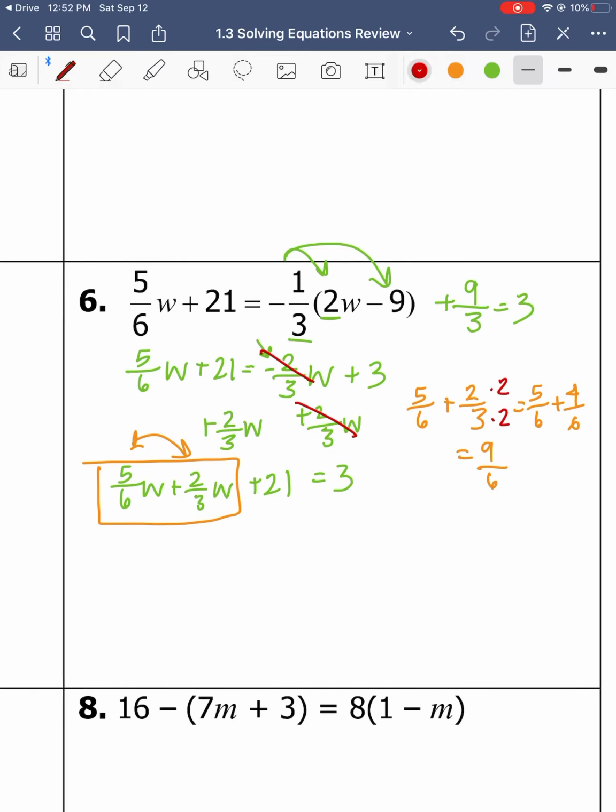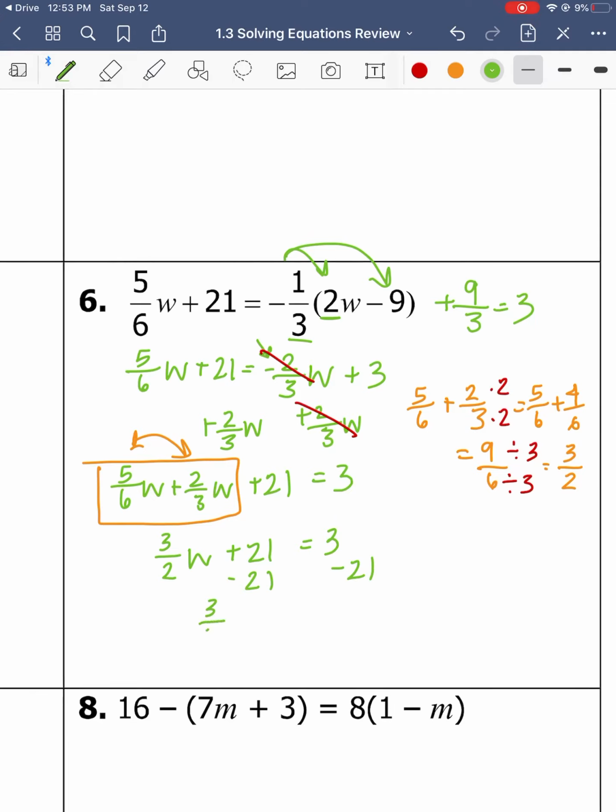We can actually simplify this fraction even further by dividing both top and bottom by 3 to give us 3/2. Okay, so now we combine these like terms. We have 3 over 2w plus 21 is equal to 3. We'll isolate this variable first by subtracting the constants that are on the same side.